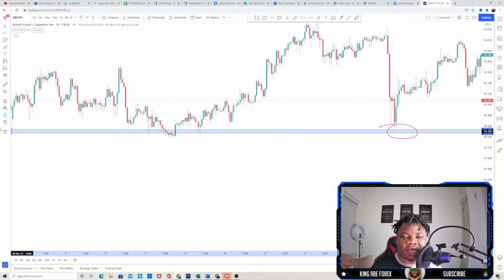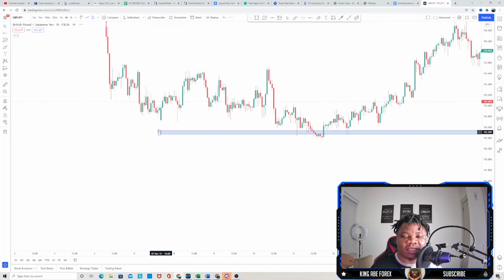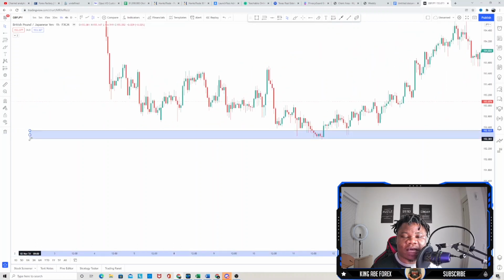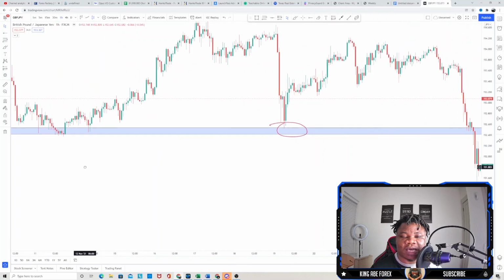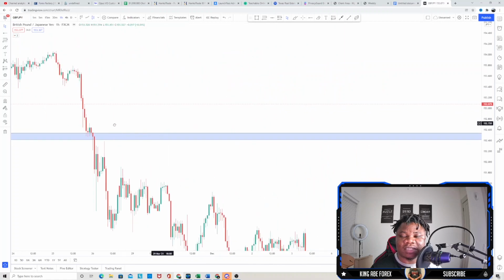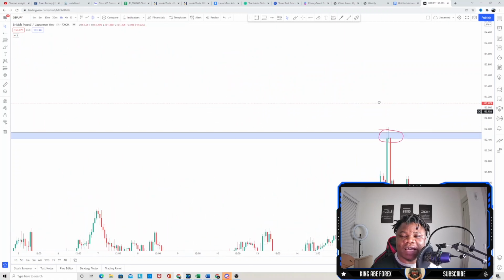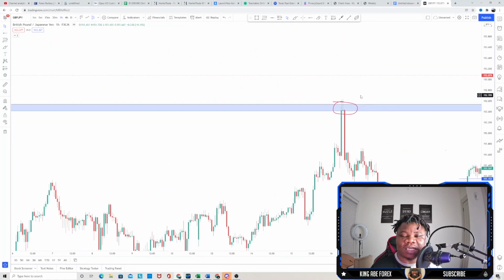And if we keep dragging this, we can see that we had multiple touches over there. We had another touch over here. So this is how we know that this zone is actually a valid supply zone.